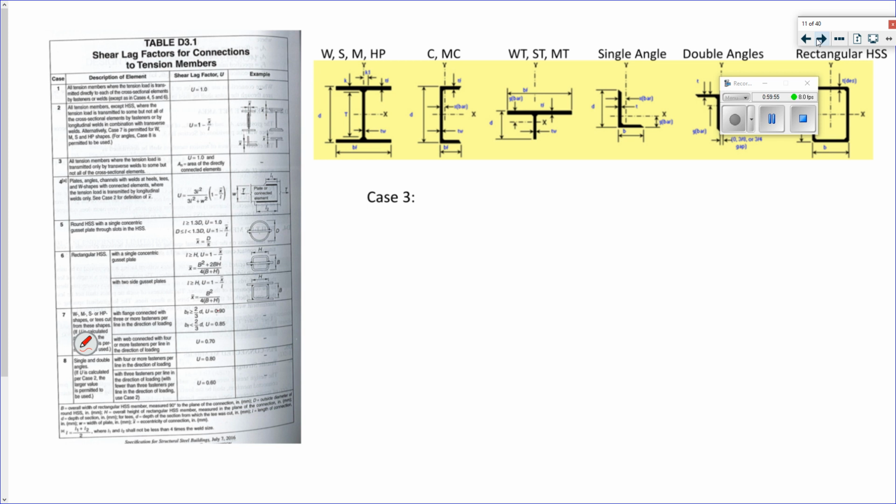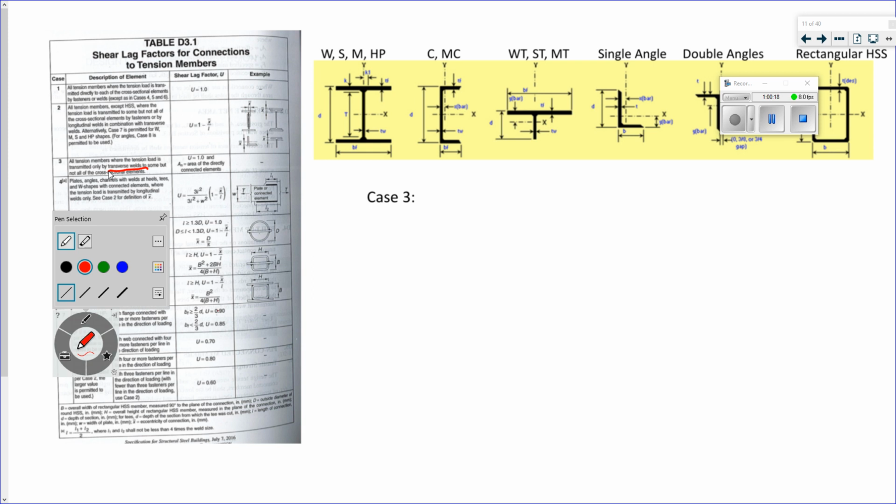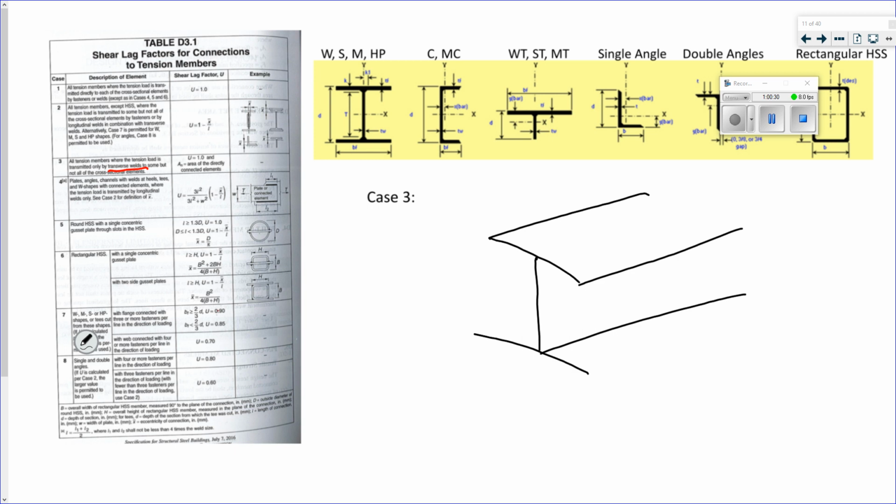So case 3, let's go back, let's see, we got case 3. This is all tension members where the tension load is transmitted only by transverse welds. Remember what transverse means? It means perpendicular to the force. So, right, if we have that I-beam again, connect some type of plate to it.